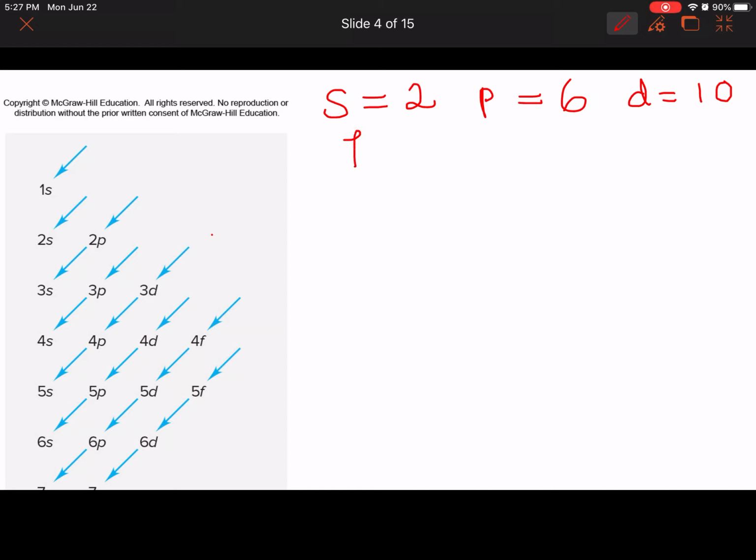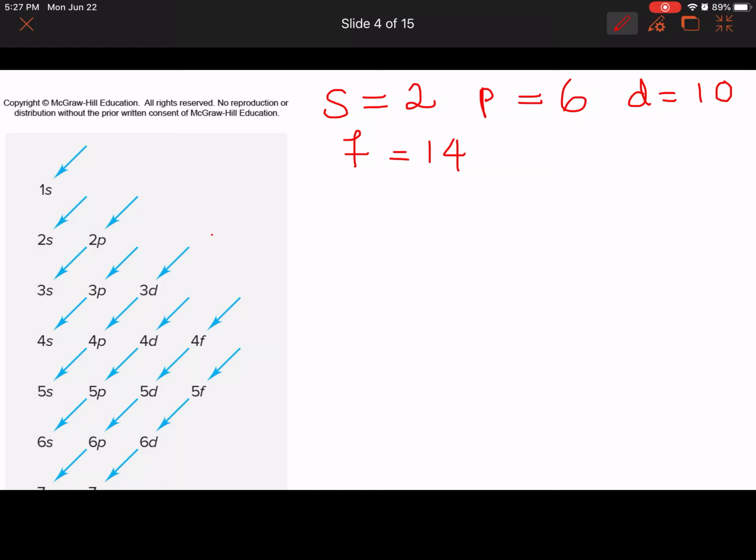And then the f orbitals have 7 subshells. Remember, f can have the values -3 to +3. There are 7 subshells, so 7 times 2, 14 electrons. So when you are filling up, you have to fill the electrons in the orbitals according to these numbers.